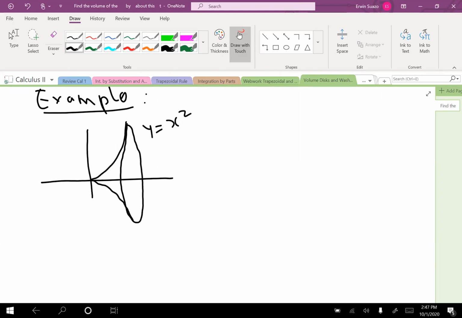So find the volume between 0 and 1. Same example as the first one. So find that volume. Let me give you 12 minutes to do it perfect, okay? So go ahead.